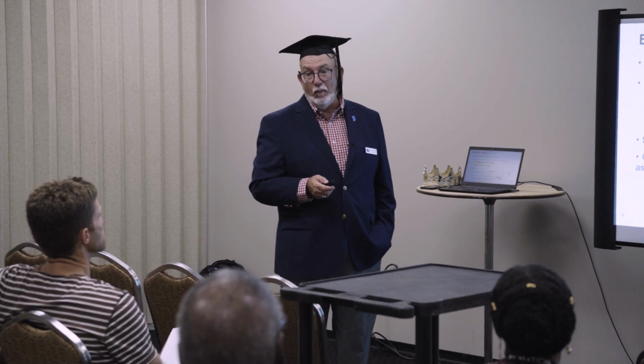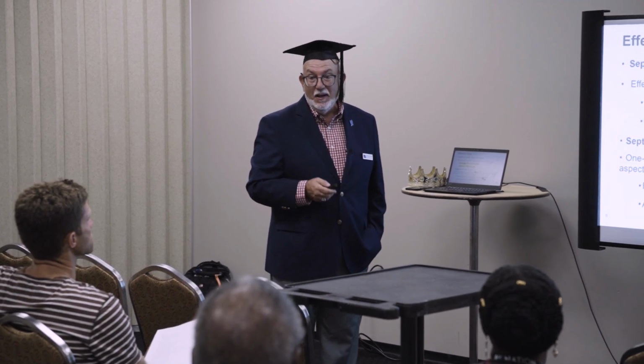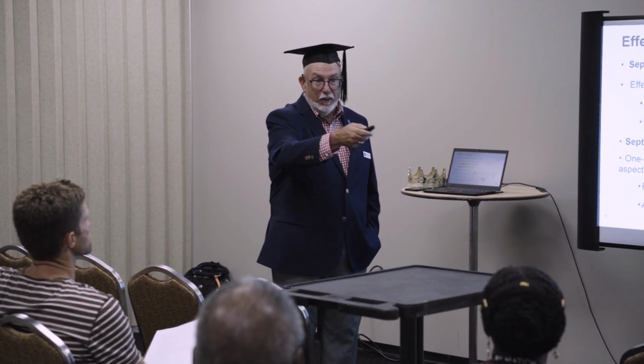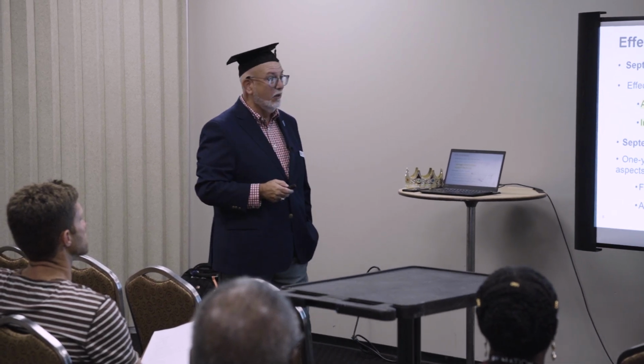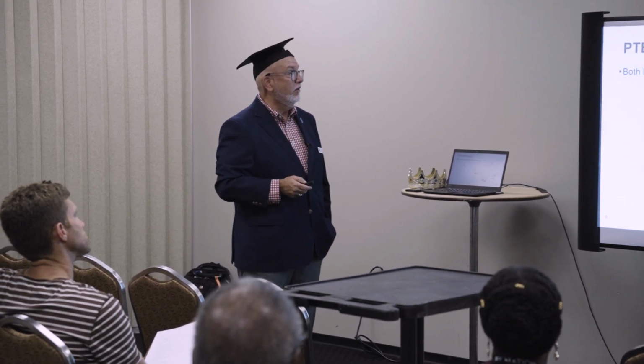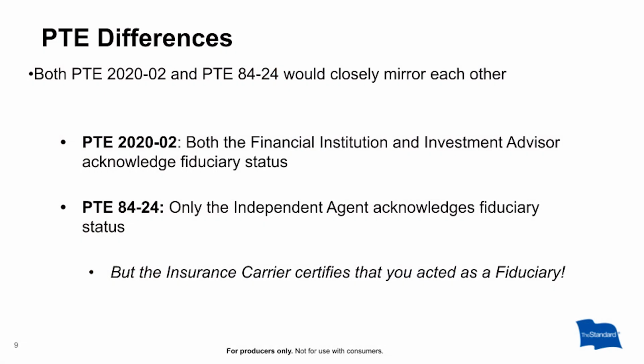And not only that, and why it's important to me and to the company, our company will have to certify that we were watching our agents and helping them comply with the regulation, and make an actual report to the Department of Labor. Now, there are a few differences here, and again, for the audience here, insurance only, but we have an audience worldwide that is in the securities world.